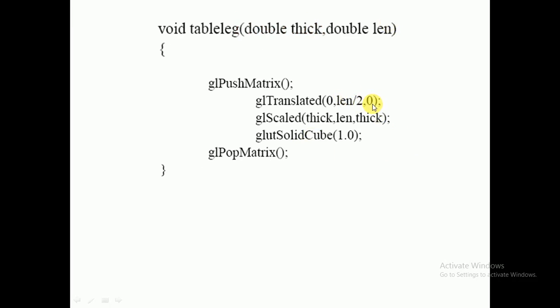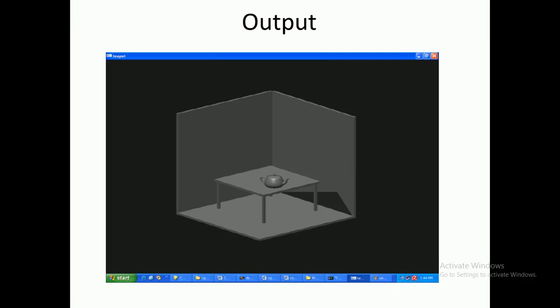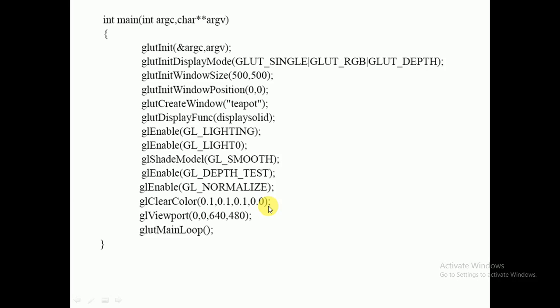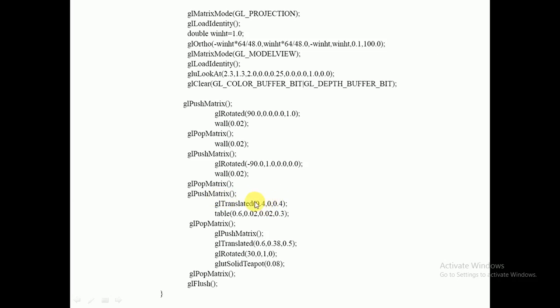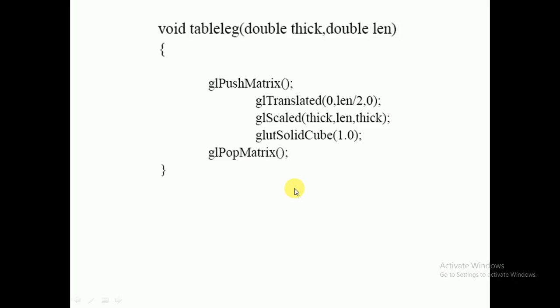Then 0 again, meaning no change, and as I told, I come up exactly to the middle of this leg, somewhere here. Then I draw this leg, right? Again I will pop and come back. After drawing that one, I am here at the table, I will pop and go down at that leg only.